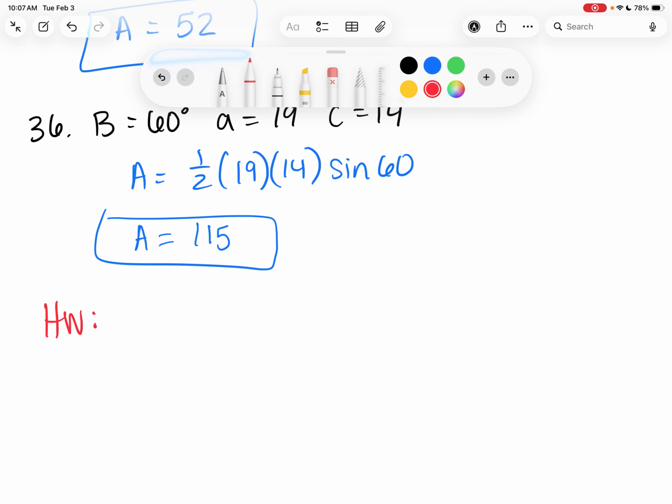We're going to have 19, 21, 25, 27 is just finding the error in what they did, and then 31 and 35. Now, I'm going to tell you, at least one of those problems has 2 triangles, but I'm not going to tell you which one.